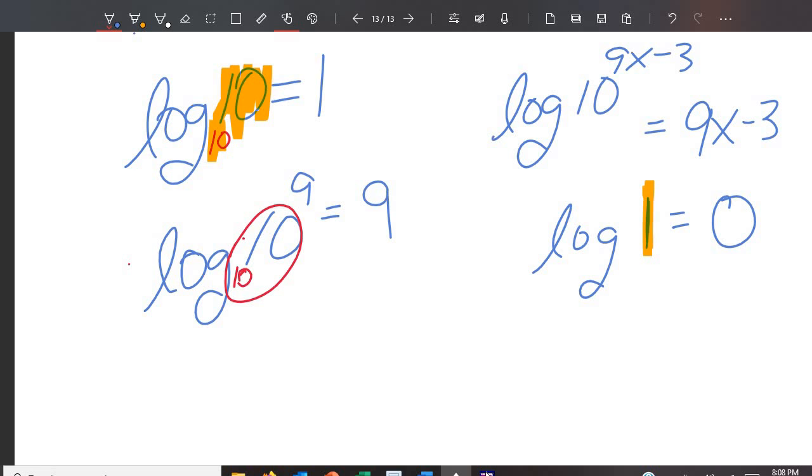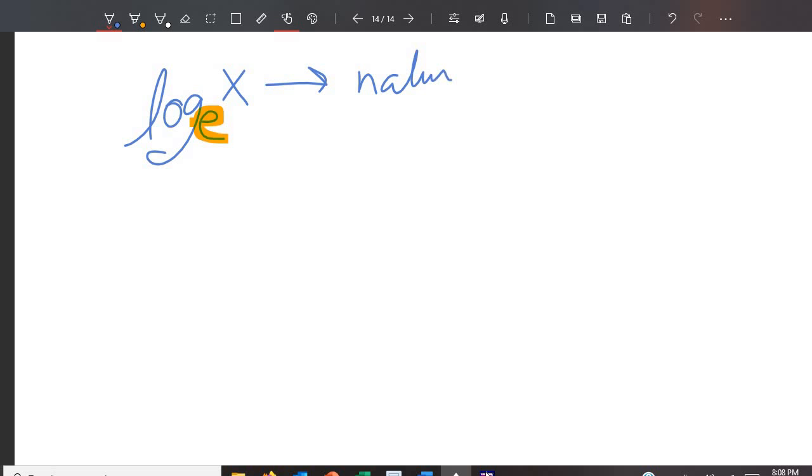Now, I want to talk about a special type of logarithm. There's a special log that has a base of e, so this will be like an e, and what we call that is a natural log. I mentioned this earlier.